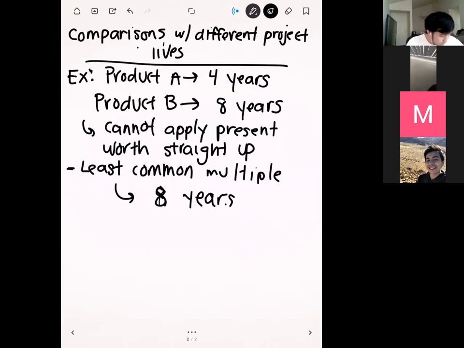But then the question is, if we extend our analysis to 8 years, what do we do with product A?